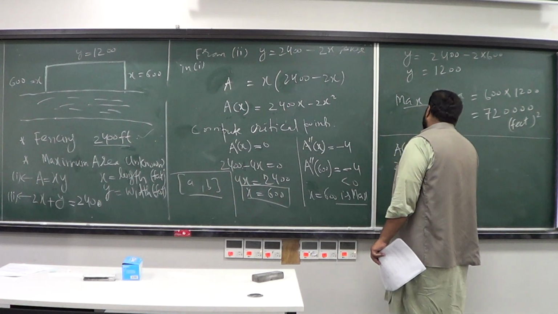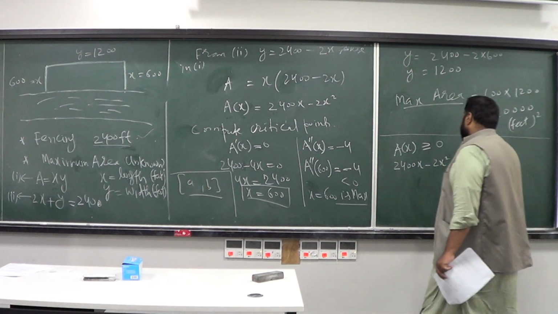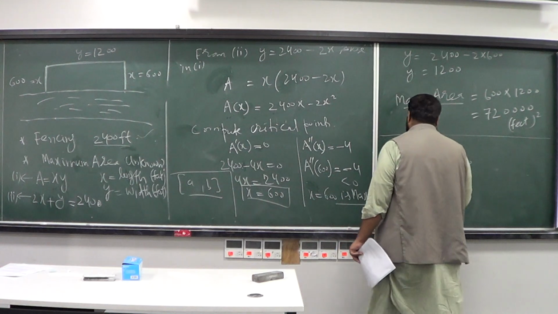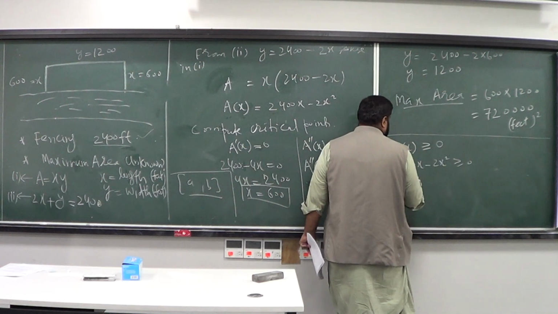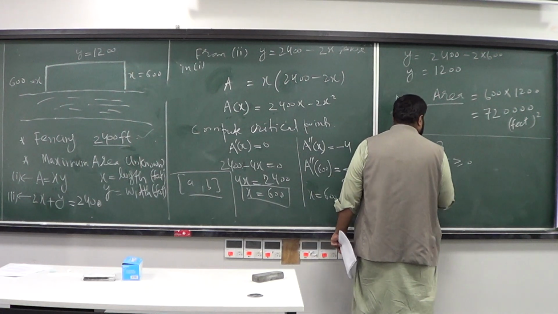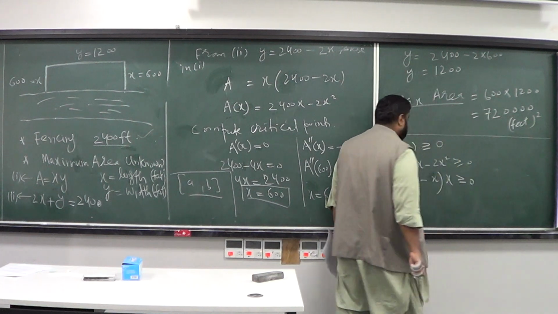2400x minus 2x squared greater than or equal to 0. And if I divide by 2, you're going to get (1200 minus x) times x greater than or equal to 0.